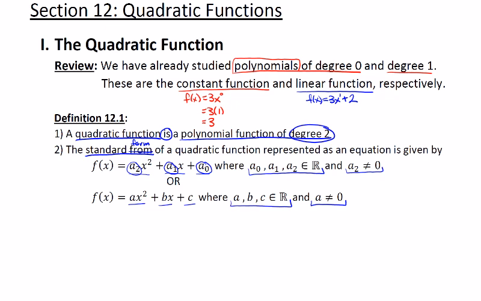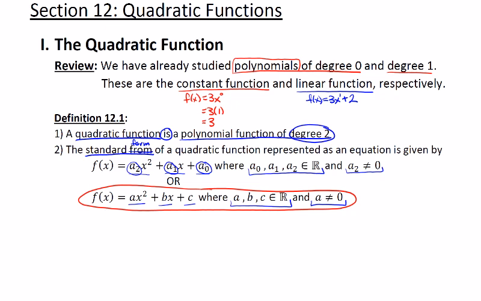This will be the version of the equation that we're going to be looking at in this section. The first version is the adaptation that we use when we talk about the more generalized polynomial definition in section 13. So we're going to see that come back again later.